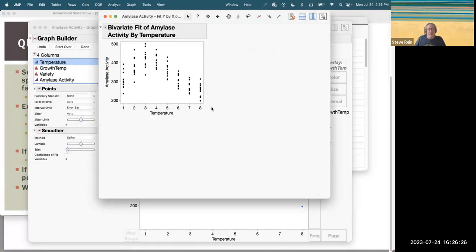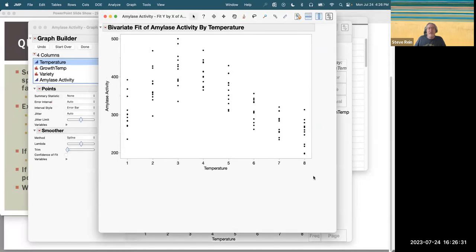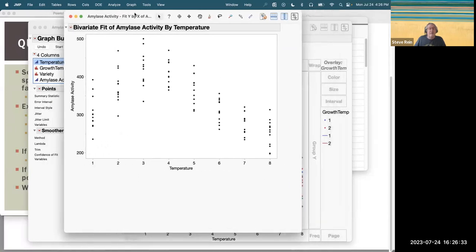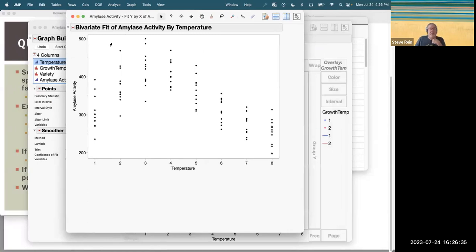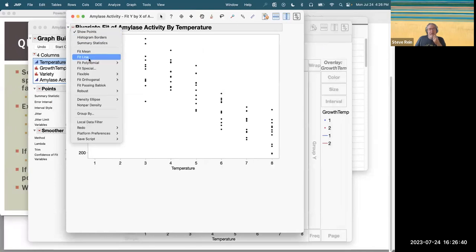And this is, of course, completely ignoring the other variables that we do think matter, like variety and possibly growth temp. But overall, if I fit a linear trend line, you're thinking, that's not so good.